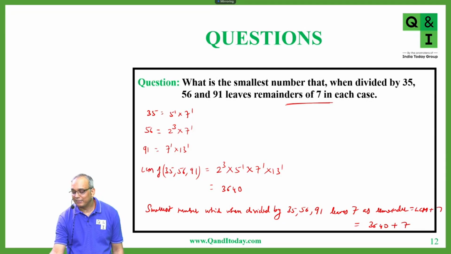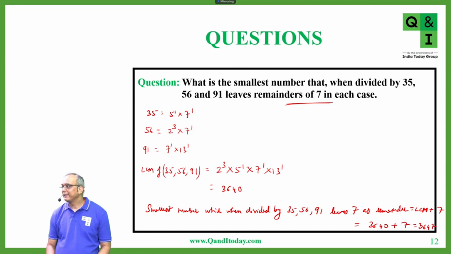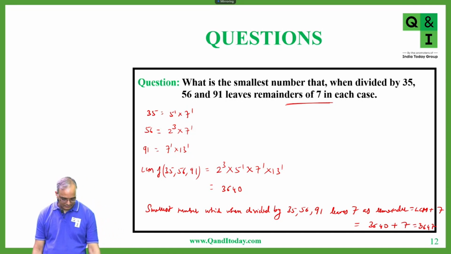So LCM plus 7. So this is 3647. So 3647 is that number. Very good. Most of you have got the correct answer.